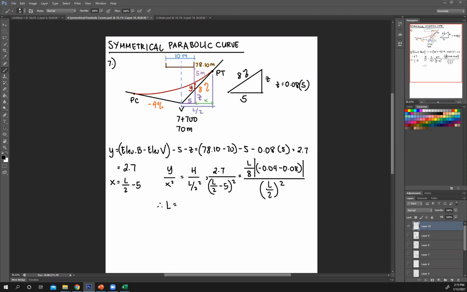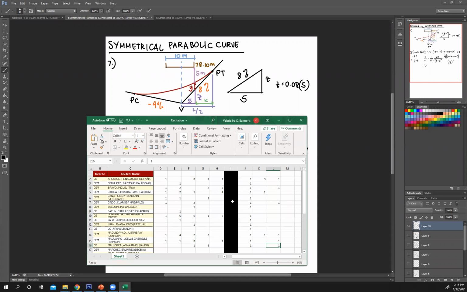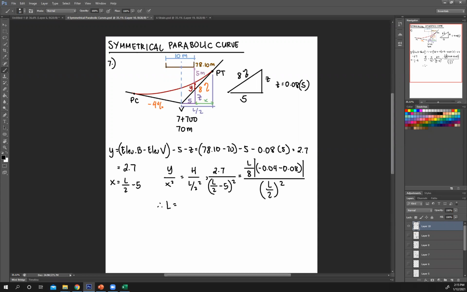Okay, so the answer is 199.50, correct, Miguel, since you're the only one. The reason why you're also getting 0.50 is that this is L squared, so you're going to get two answers. The other one is 199.50. Obviously we're going to use 199.50.